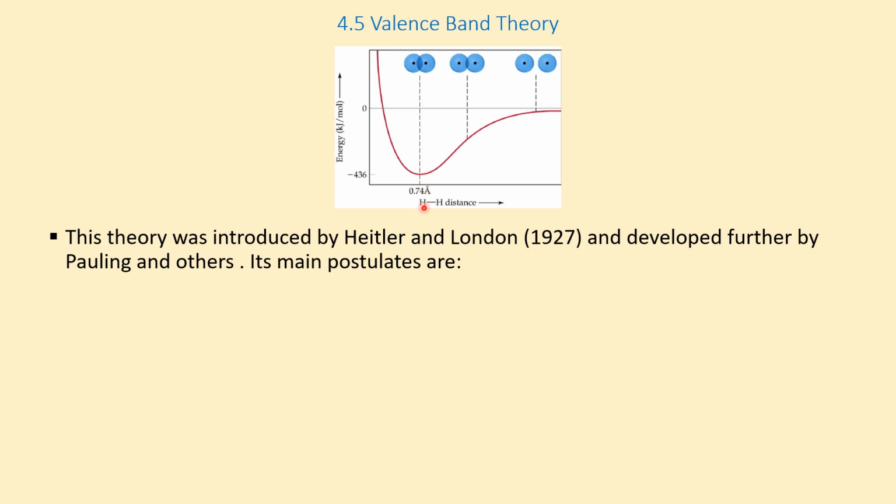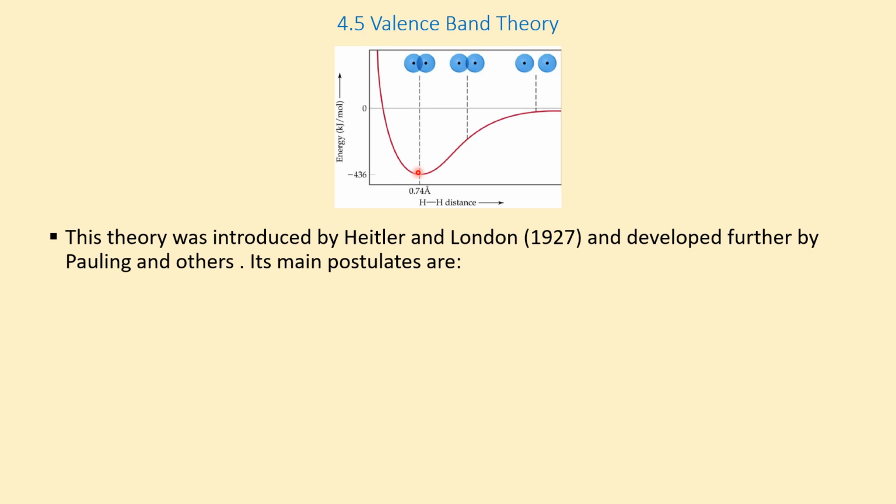Since energy gets released when the bond is formed between the two hydrogen atoms, the hydrogen molecule is more stable than the isolated hydrogen atoms.